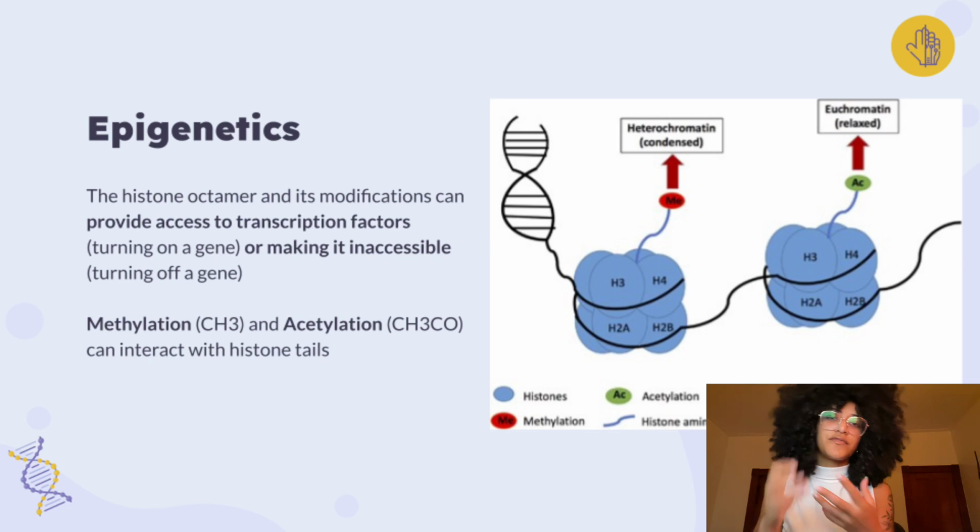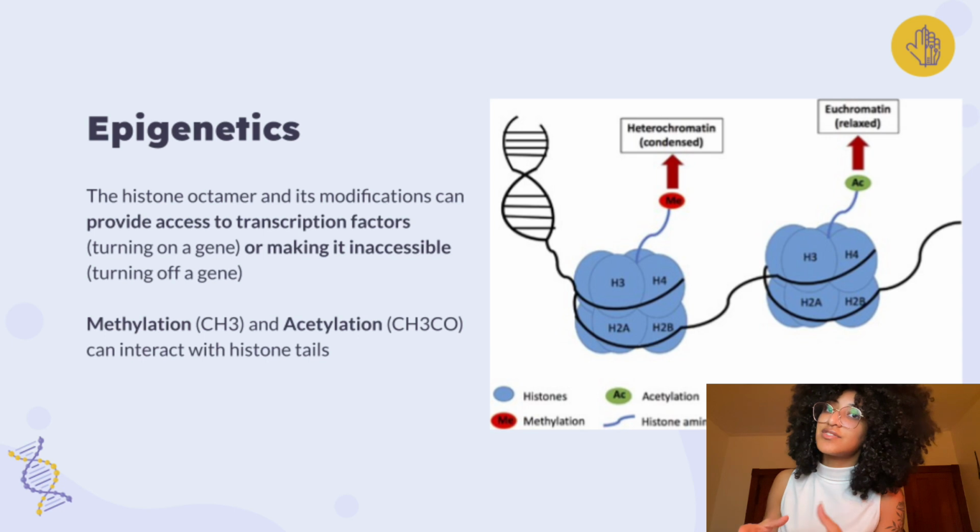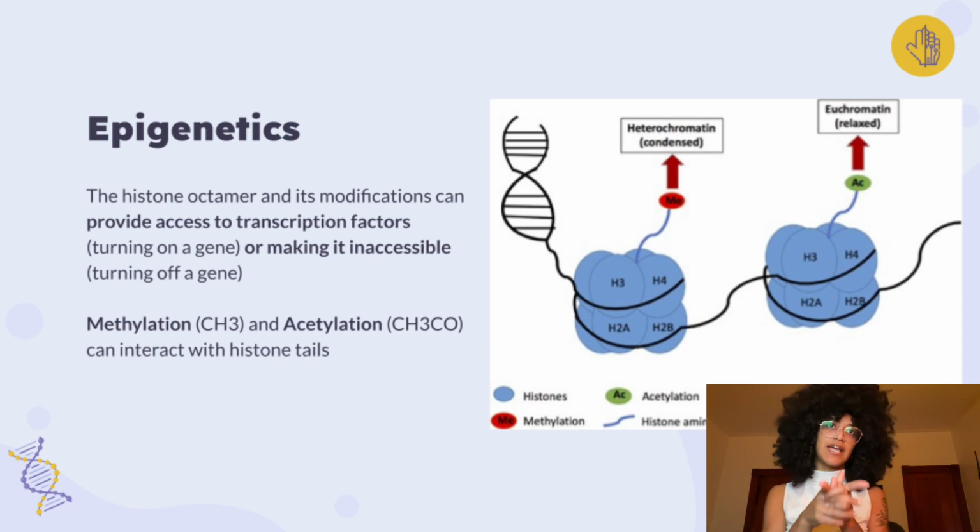And this regulation of turning a gene on or off can be regulated by other genes, for example, tumor suppressors that prevent the cell from dividing itself a lot. It can also be regulated by environmental factors, which is the case of diabetes type 2.